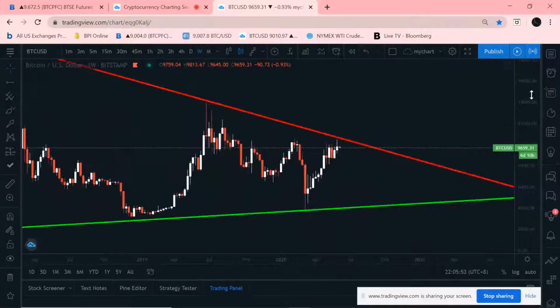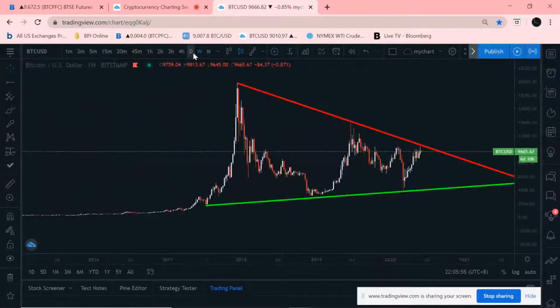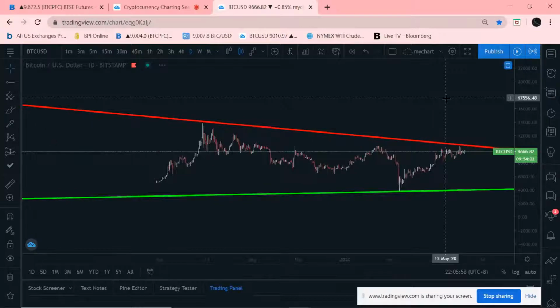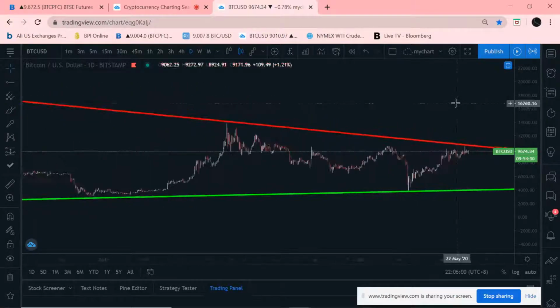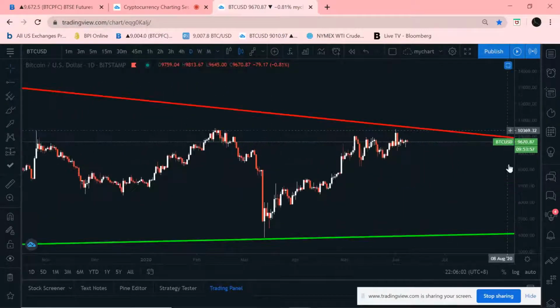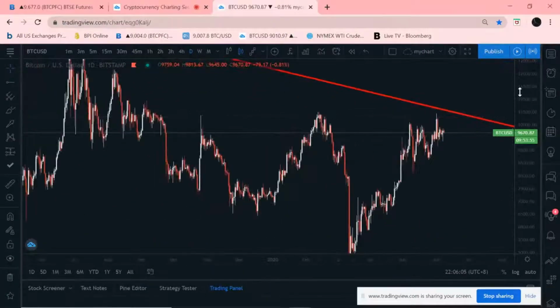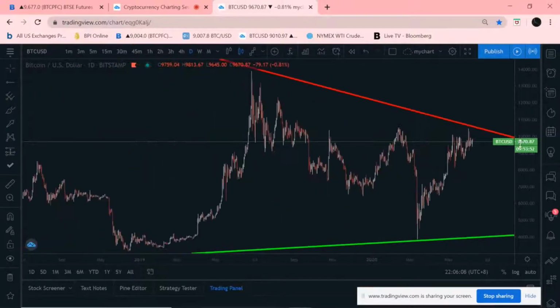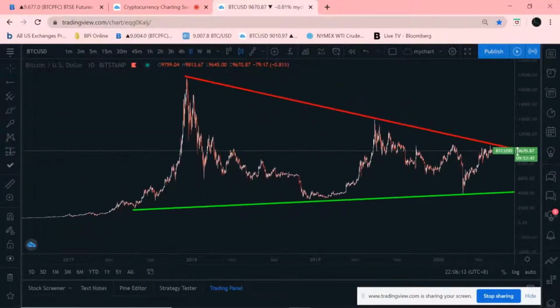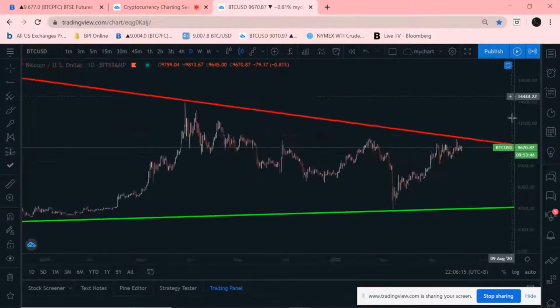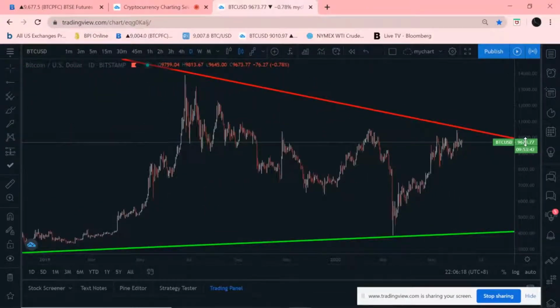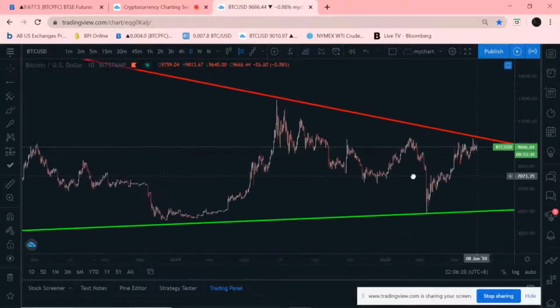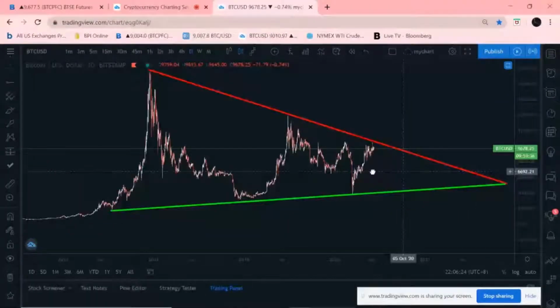So now let's move on to the daily chart. On the daily chart, it actually did not touch the resistance we're looking at. Let's just adjust it a bit, I mean the red one.